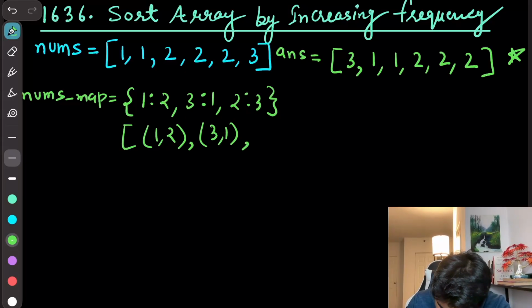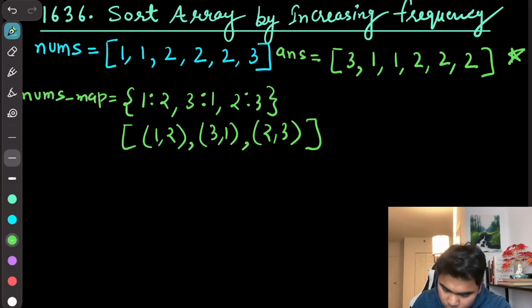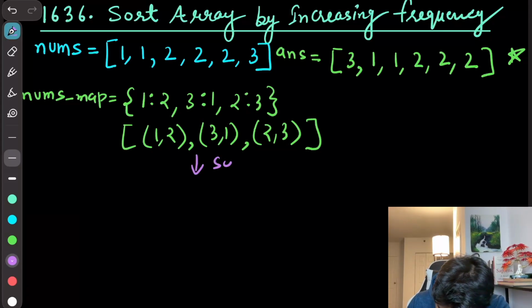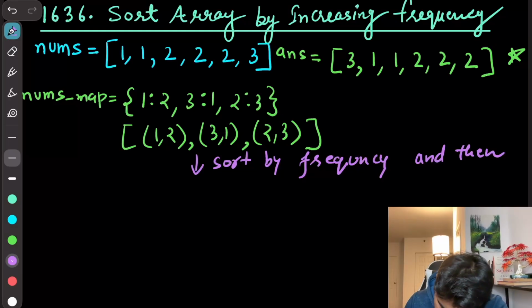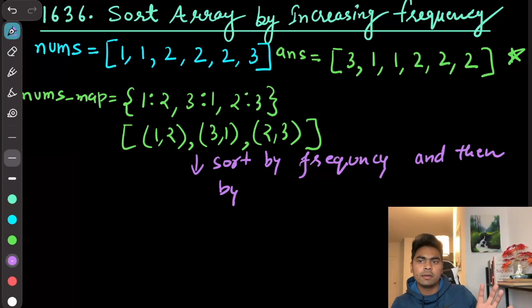And if I get this, I can use a lambda function to sort this array based on the frequency. So I will sort by frequency, and then, if some frequencies are the same, as it's given in the problem, we put the bigger number first.